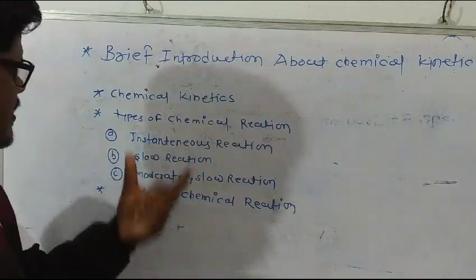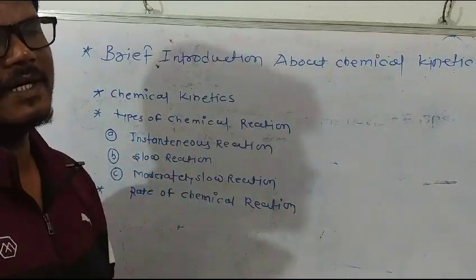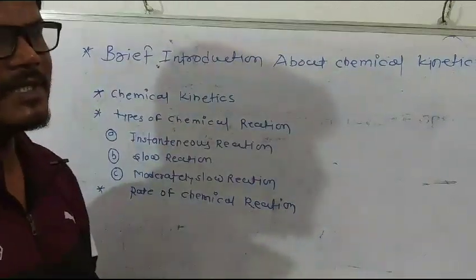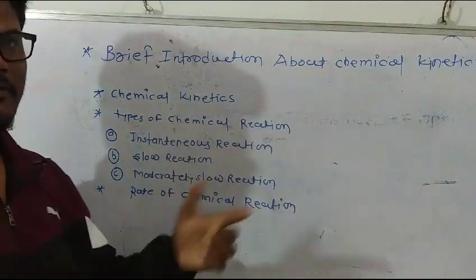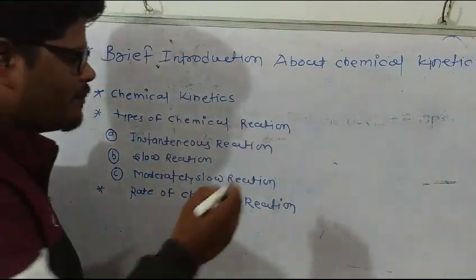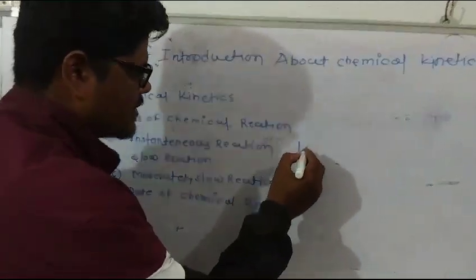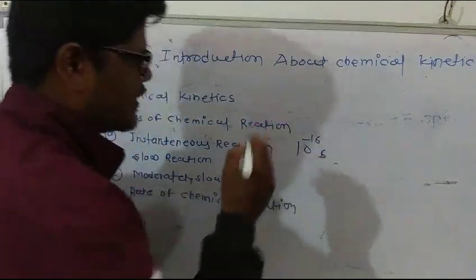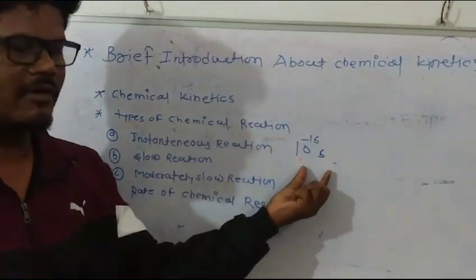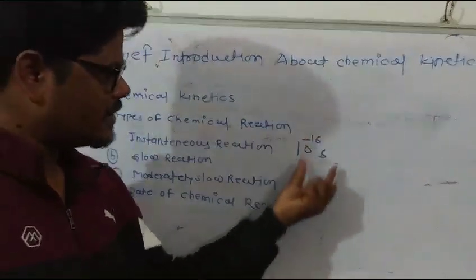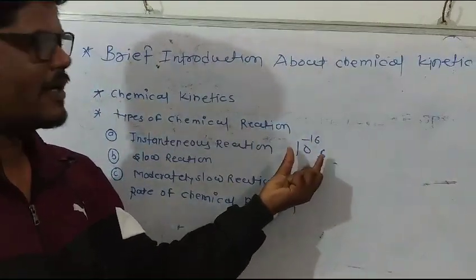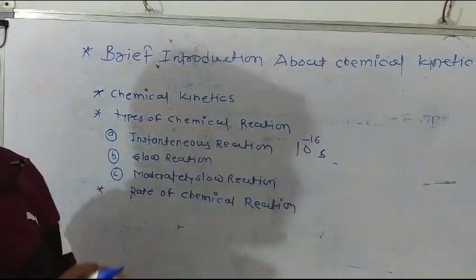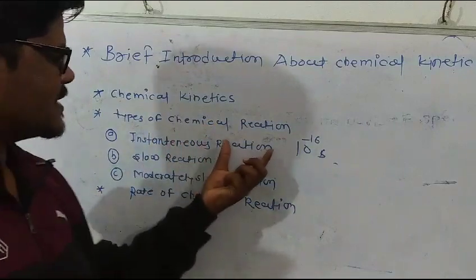First is the instantaneous chemical reaction, meaning the reaction which occurs very fast, and the approximate time of that reaction is something like 10 to the power of minus 16 second. The reaction which occurs within a fraction of this much time, 10 to the power of minus 16 second, is called an instantaneous reaction.